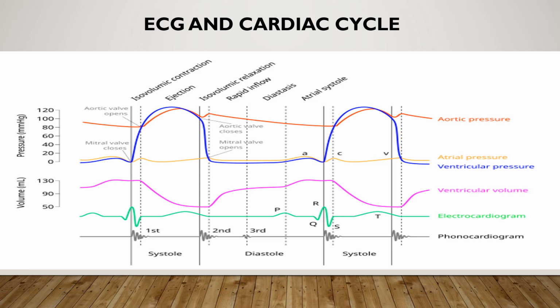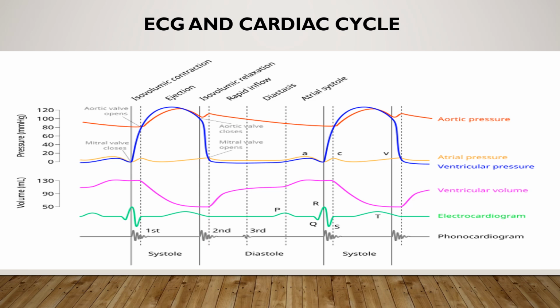The next cardiac phase, which is diastole, typically consists of 4 different substages: isovolemic relaxation, rapid inflow or early filling, diastasis, and atrial systole.